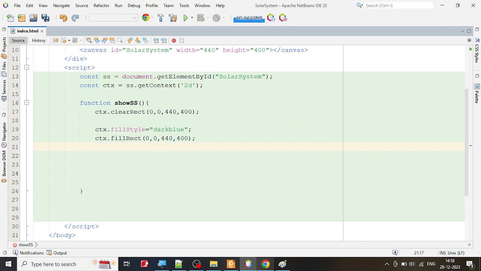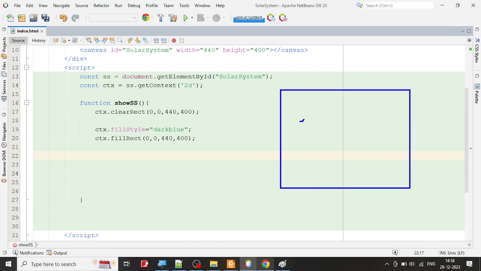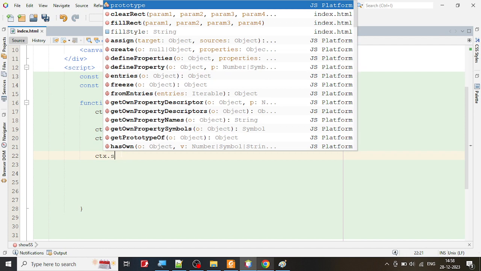Once I have filled it, let's go ahead. Now this is the base that I'm going to use. This is the base every time, like a background. So I'm going to save this background so that I can reuse it again and again.